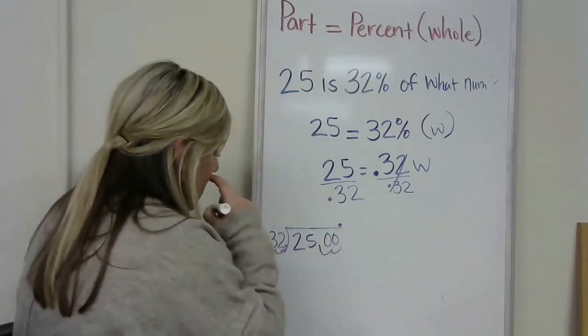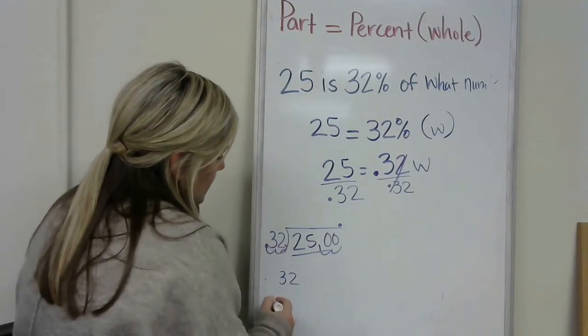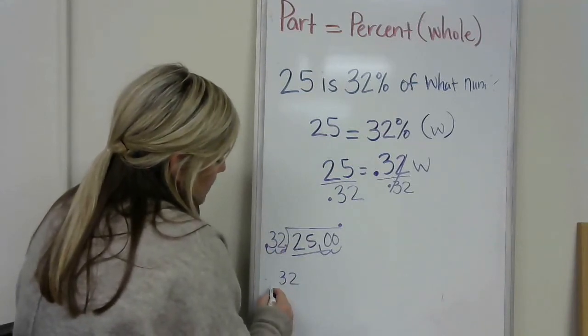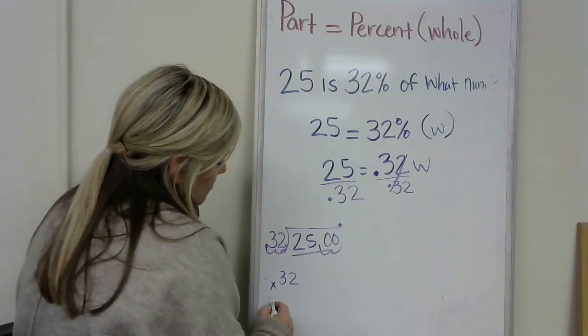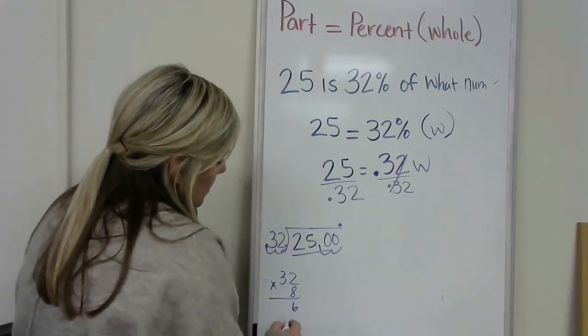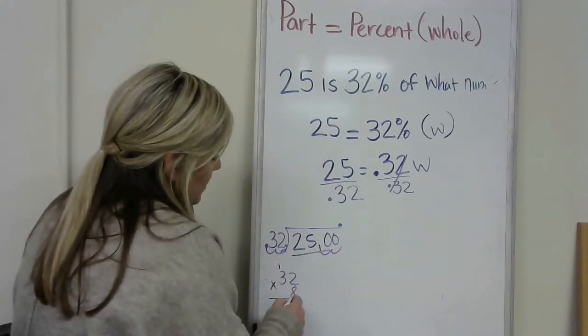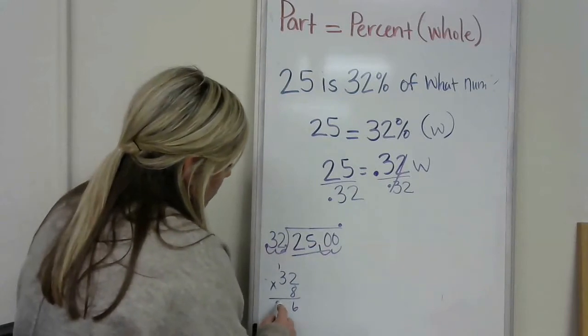Okay. 32 will go into 250. Ugh. Let's see. I'm going to say 8 times. We'll just see. 2 times 8 is 16. That's probably not good, I guess. 16, carry the 1. 3 times 8 is 24. 24 plus 1 is 25.